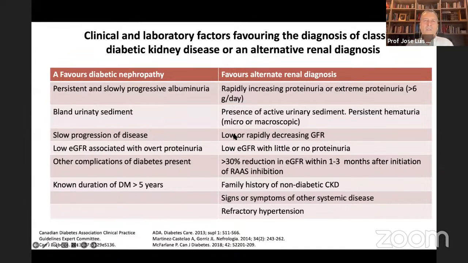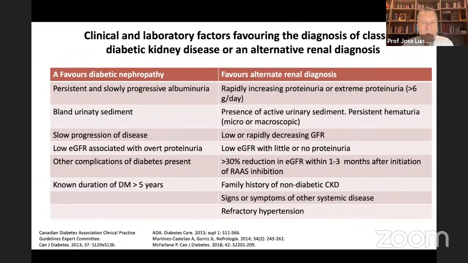But if we detect some of these factors on the right side, for example, rapidly increasing proteinuria or extreme proteinuria, this is not a clue for thinking about diabetic nephropathy as the main cause, nor is the presence of an active urinary sediment or persistent hematuria. This suggests glomerulonephritis or urologic causes.